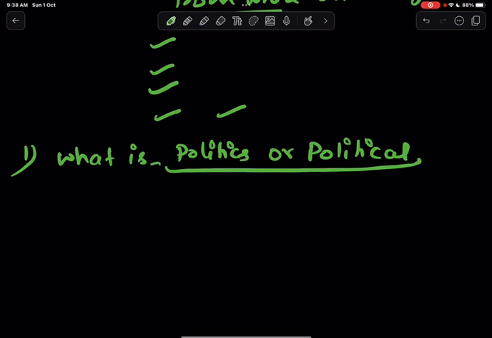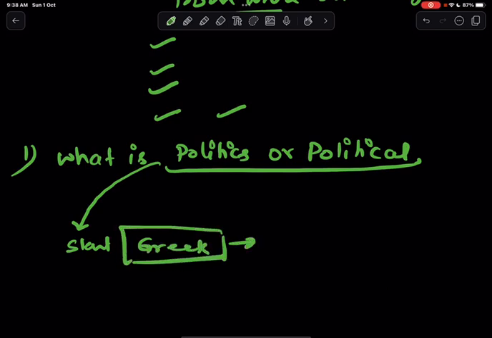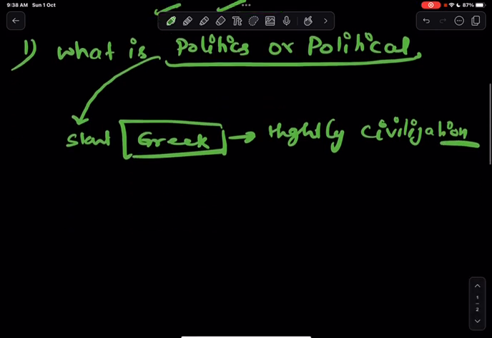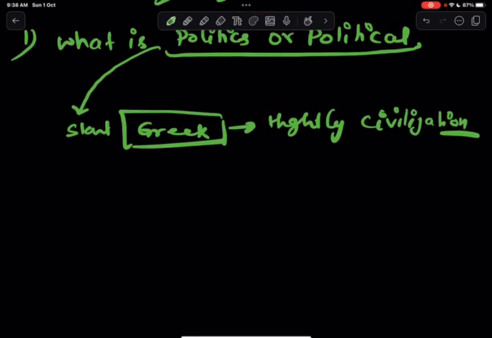See, the genesis of politics starts from Greek, one of the ancient and highly developed civilizations. See, how this word emerged there. Now there is a point here to note.